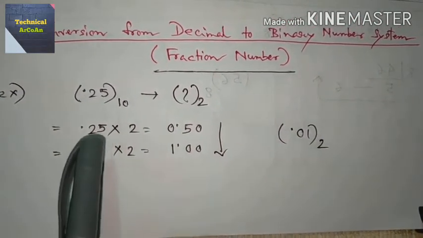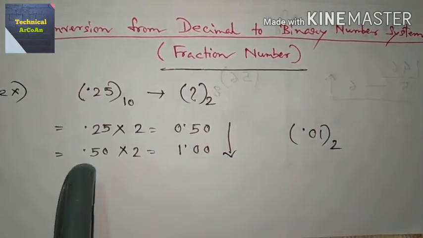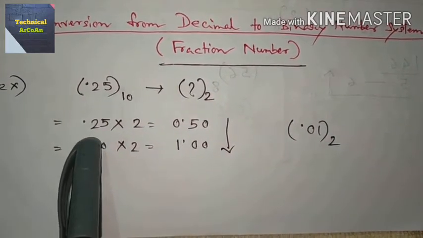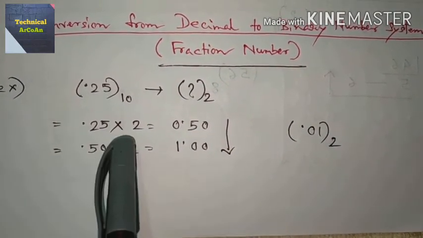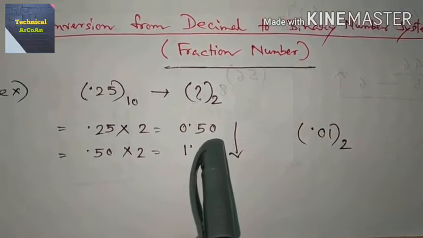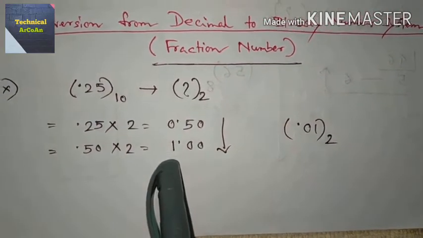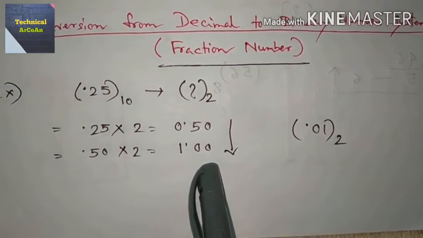Now in this example, we do the same thing, decimal to binary, where the number is a fraction. 0.25 is the number, so multiplied by 2 we got 0.50. Then we take only the fraction part, 0.50 times 2, and we got 1.00. So we stop calculating.